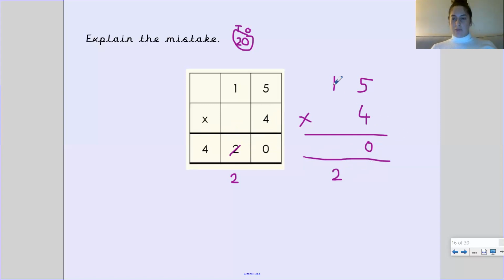So 4 times 1 equals 4, plus 2 equals 6. So the mistake that they made is that they didn't exchange correctly. They exchanged into the tens column rather than keeping it underneath the tens column to then add onto their tens multiplication.